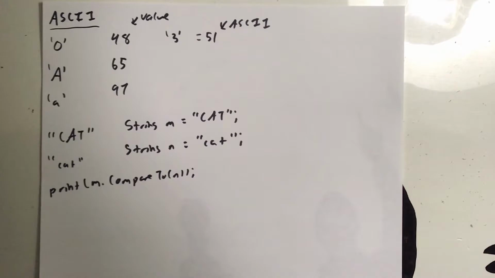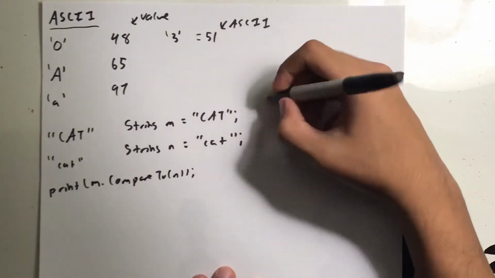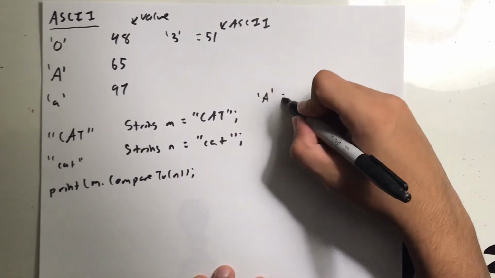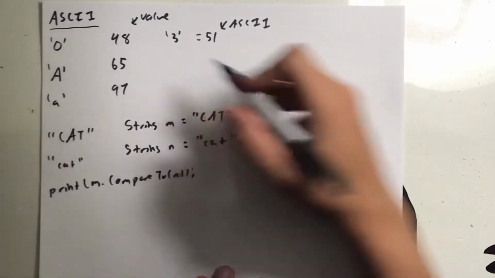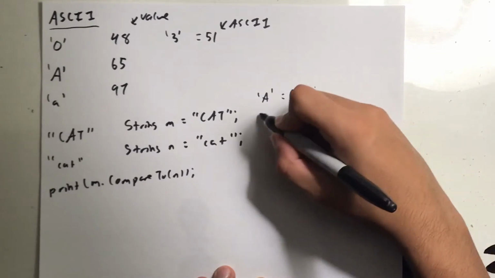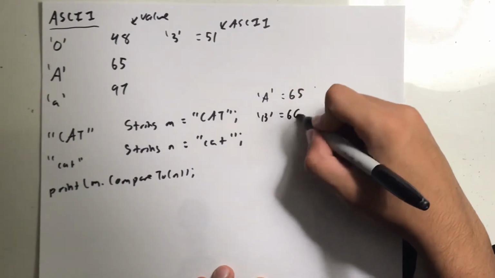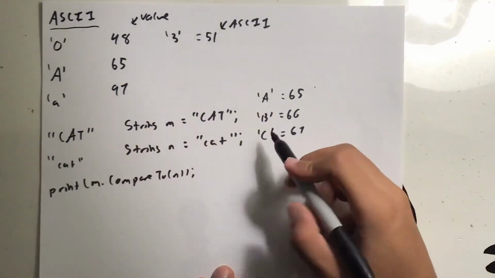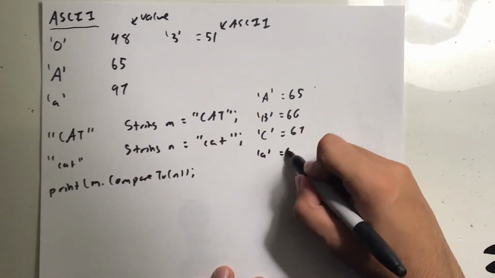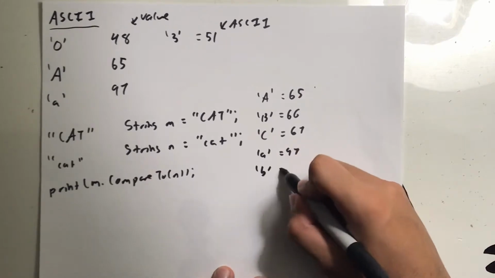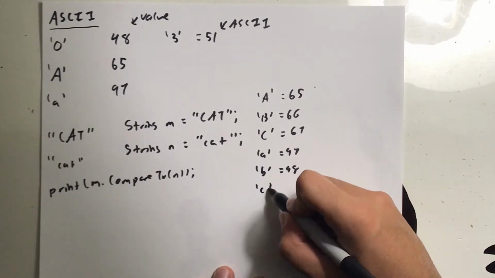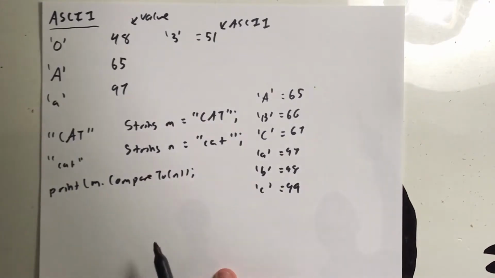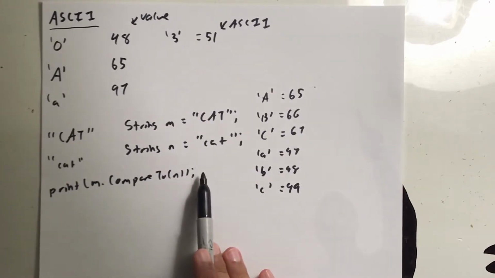So we know the capital value of A is 65, right? That means B is 66 and C is 67. We know the lowercase value of A is 97, lowercase value of B is 98, lowercase value of C is 99.